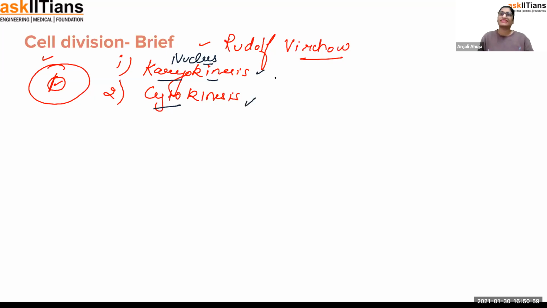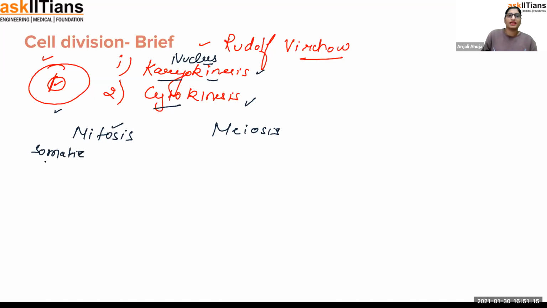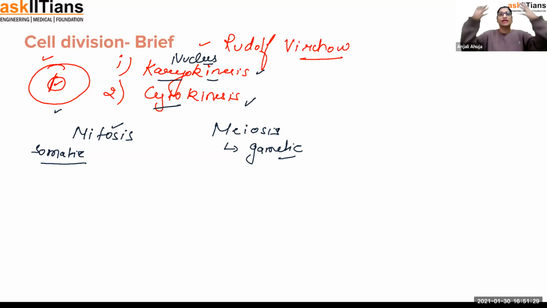But let's talk about the types of cell division. First of all, cell division is of two types: mitosis and meiosis, in general in all cells. One thing you have to remember: mitosis always happens in somatic cells, and meiosis always happens in gametic cells. Soma means body. Somatic cells means body cells. All the cells in our body divide by mitosis.